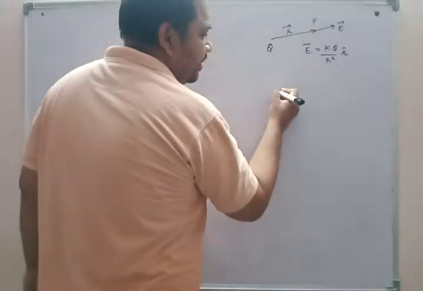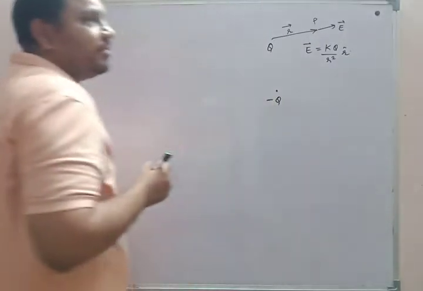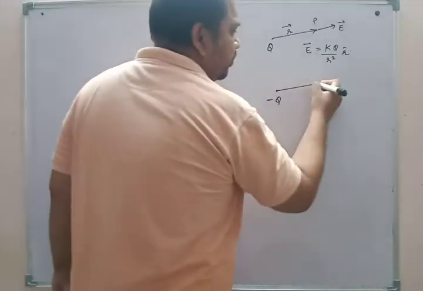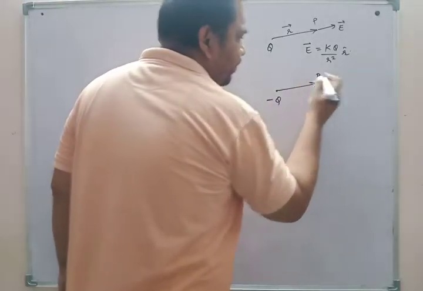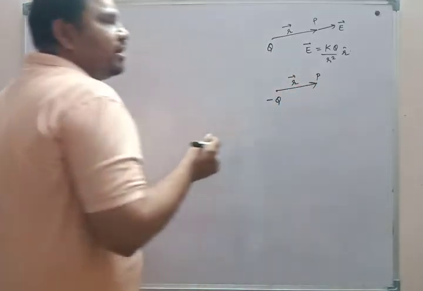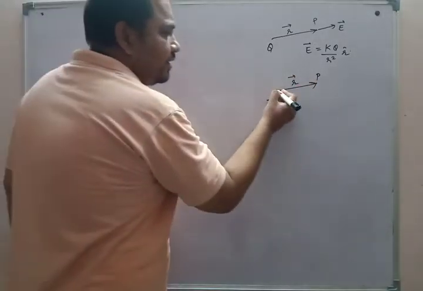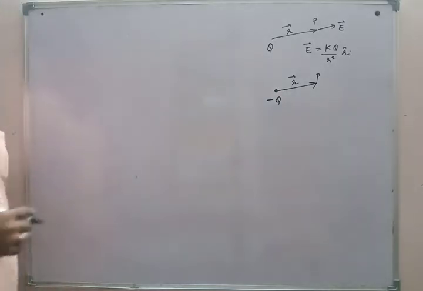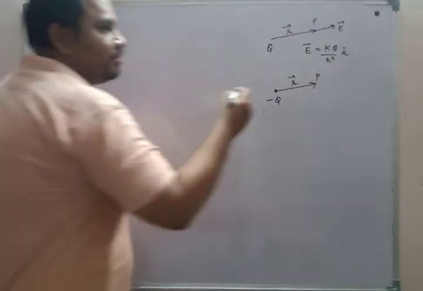And suppose that rather than a positive charge, I have a negative charge minus q, and I am asked to find the electric field at this point P, again having position vector r with respect to this charge.